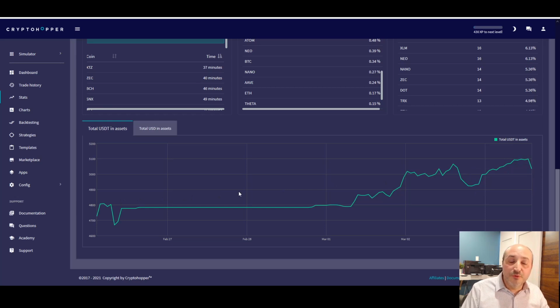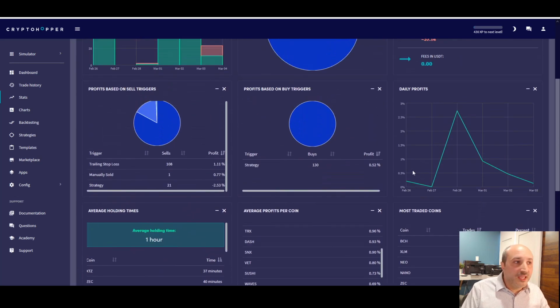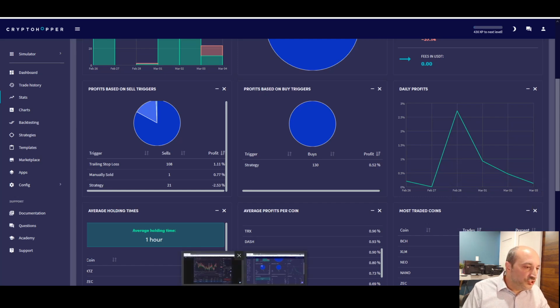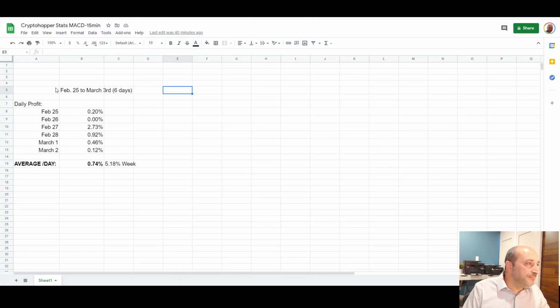So it's performing pretty well, and my profit I can show you. It's 1, 2, 3, 4, 5 on 6 days. So I had like 0.2, 0, 2.73, 92.92, 0.46, and 0.12. I put that in the chart so you can understand.